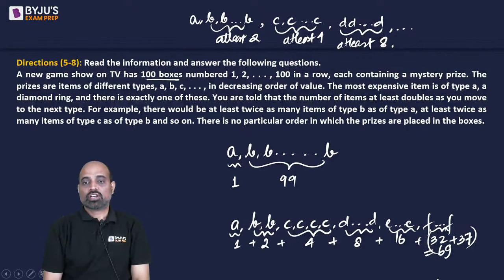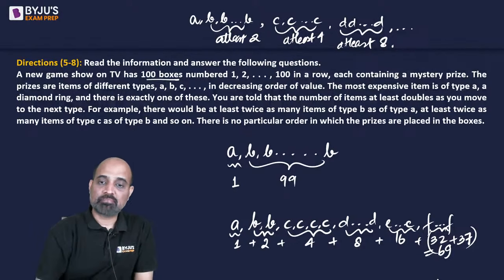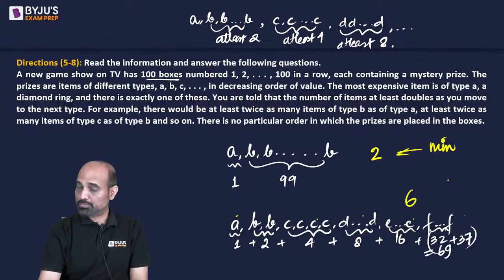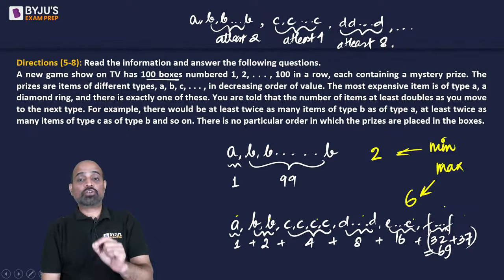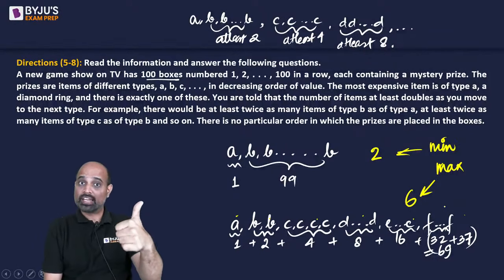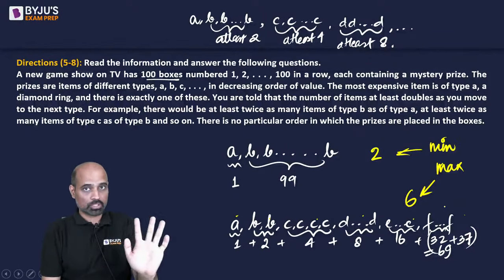Okay. So from here, can we say the minimum number of items are 2 and the maximum number of items we can have is 1, 2, 3, 4, 5, 6. So minimum 2 types of gifts are possible in the boxes and maximum 6 types of gifts are possible. Now when you're going to have minimum 2 types of gifts, that is true that there is 1 A and 99 B's, no other possibility.